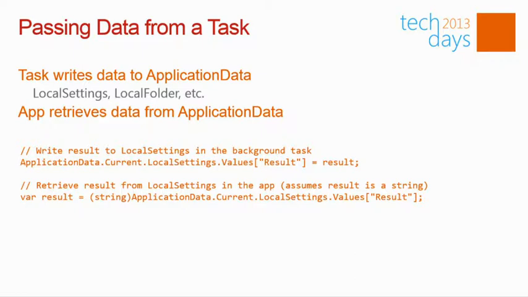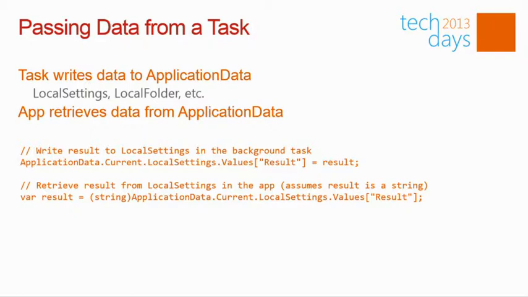So in a Windows Store app, for example, if I accepted a bunch of input from the user, maybe the user has filled out a form, and I wanted to persist that data, one way to do it is to write it to one of the application data stores. The key here is that a background task is associated with one and only one Windows Store app, the one that registered it. You have access to application data from a background task.